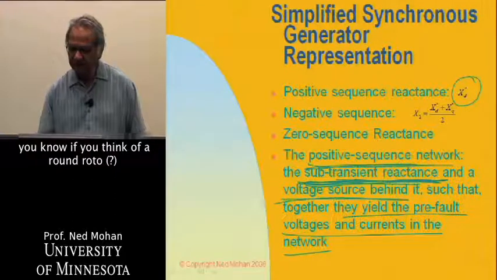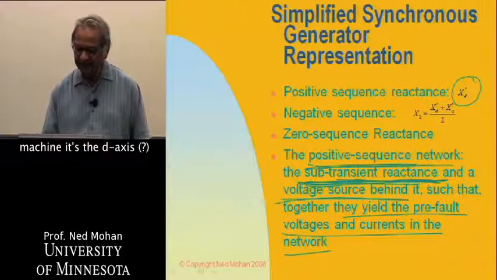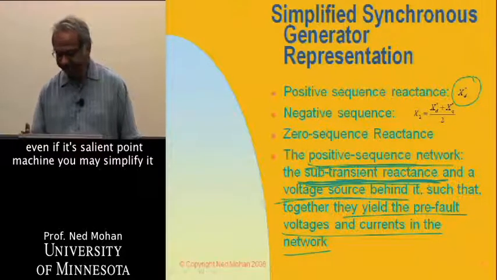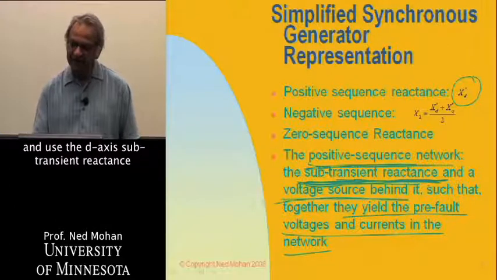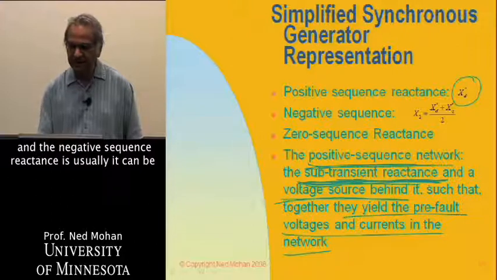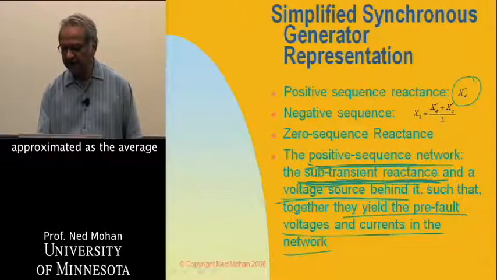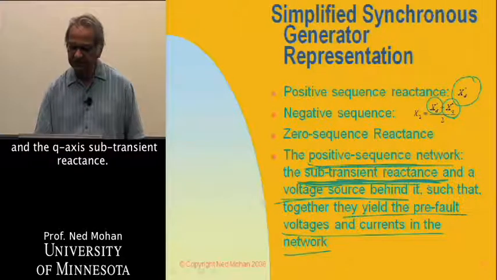For the positive sequence reactance, if you think of a round rotor machine, it's the d-axis, or even if it's a salient pole machine, you may simplify it and just use the d-axis subtransient reactance. And the negative sequence reactance can usually be approximated as the average of the d-axis subtransient reactance and the q-axis subtransient reactance.